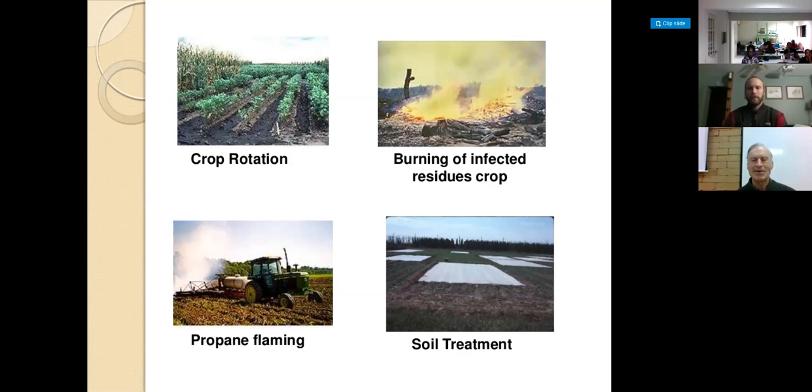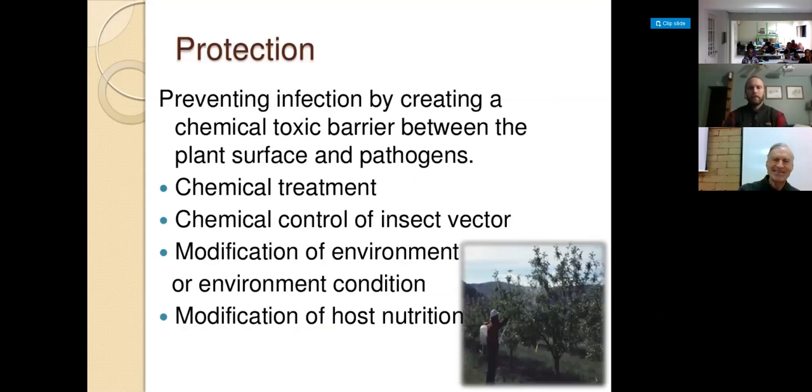As we said before, it also kills all the beneficial organisms in the soil. So this is not something you want to do all the time. It's sort of a last resort.